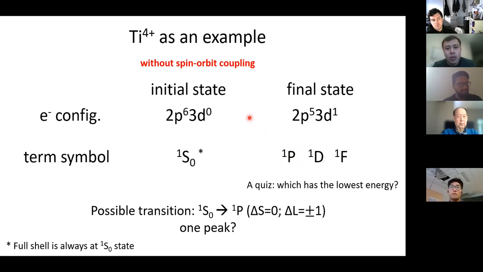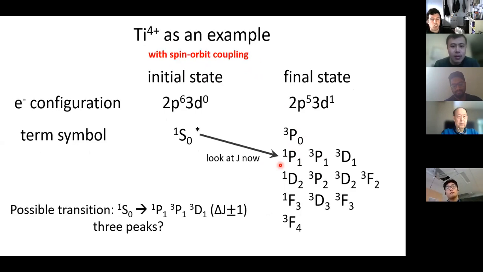In that regard, if we do not consider spin orbital coupling, there should be only 1 peak. I'll show you this is indeed the case in the software a few minutes later. In the software, we can mute the contribution of spin orbital coupling, and you'll see this will produce only 1 peak in the titanium 4+ L-edge, which is pretty cool, I think.